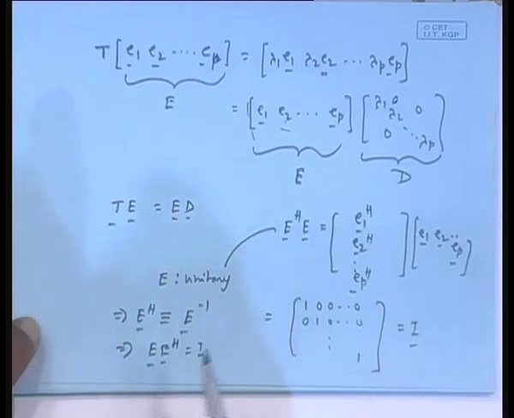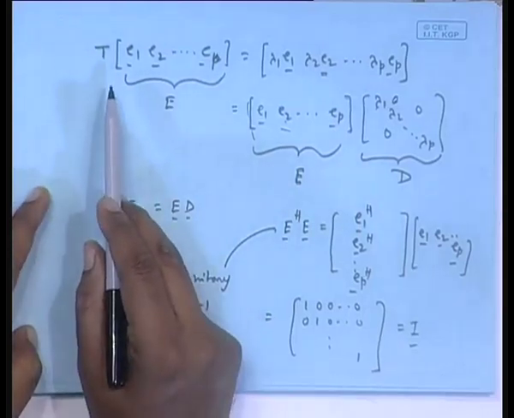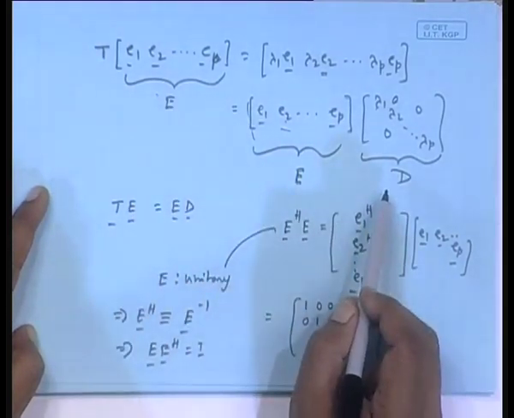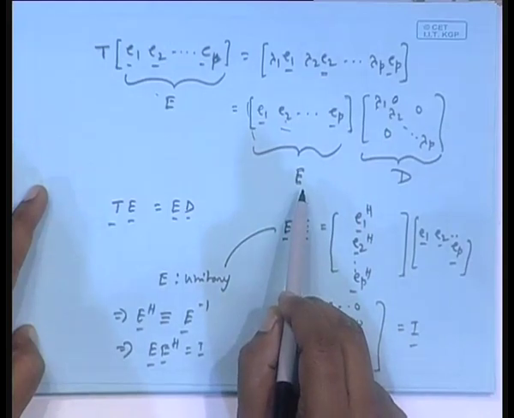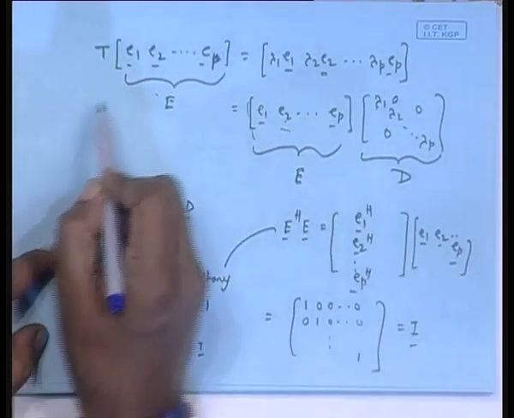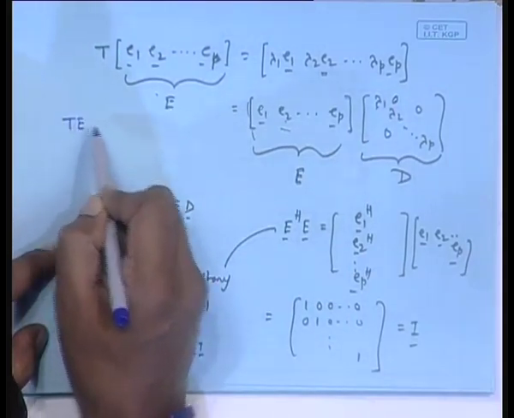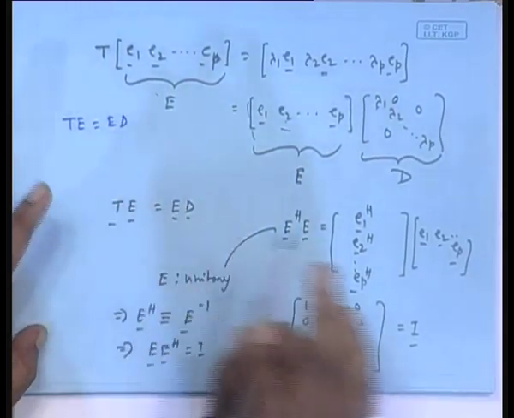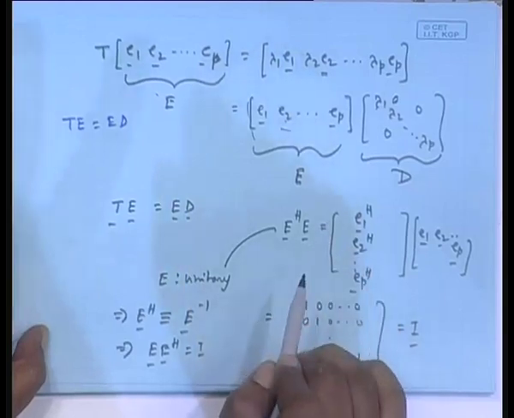Okay. So, TE is equal to ED, and E is unitary. Here I am writing the separate part. From this equation what I found is TE equal to ED, E is unitary, and D is a diagonal matrix of real diagonal values.